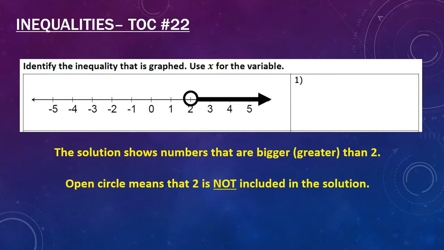So I start with my variable on the left, which is X. X is greater than 2, or if I were to turn it around and write it the other way, 2 is less than X. So all I did was I switched my symbol around and I rewrote it so that 2 is less than X. So X is greater than 2 because my arrow's going to the right, or you just turn your arrow going the opposite direction and put your number first.